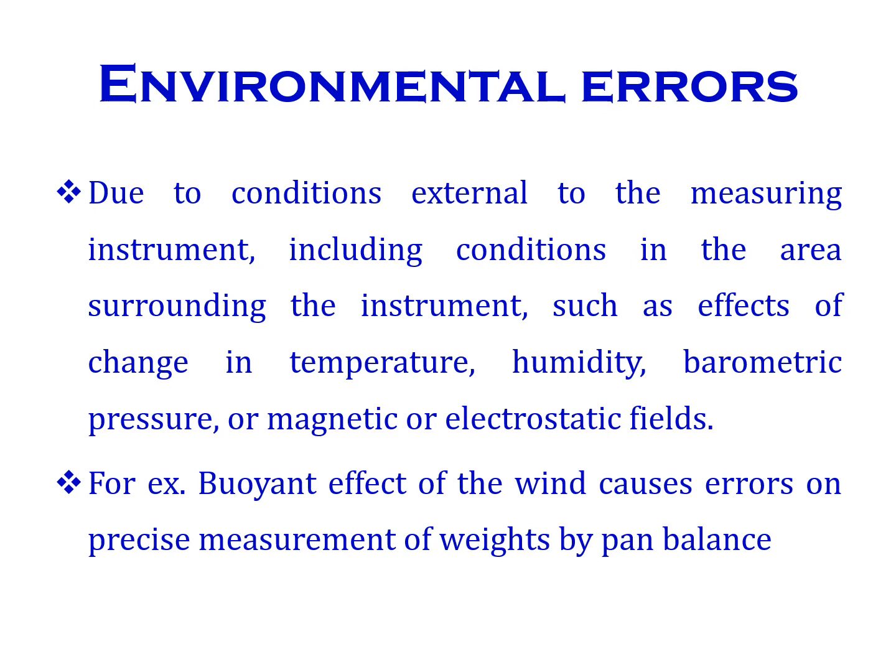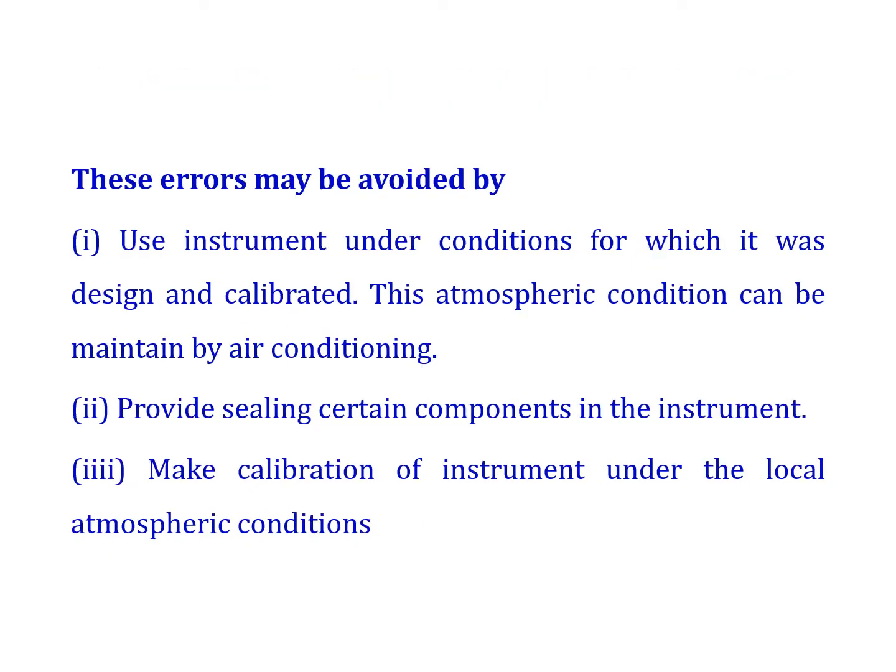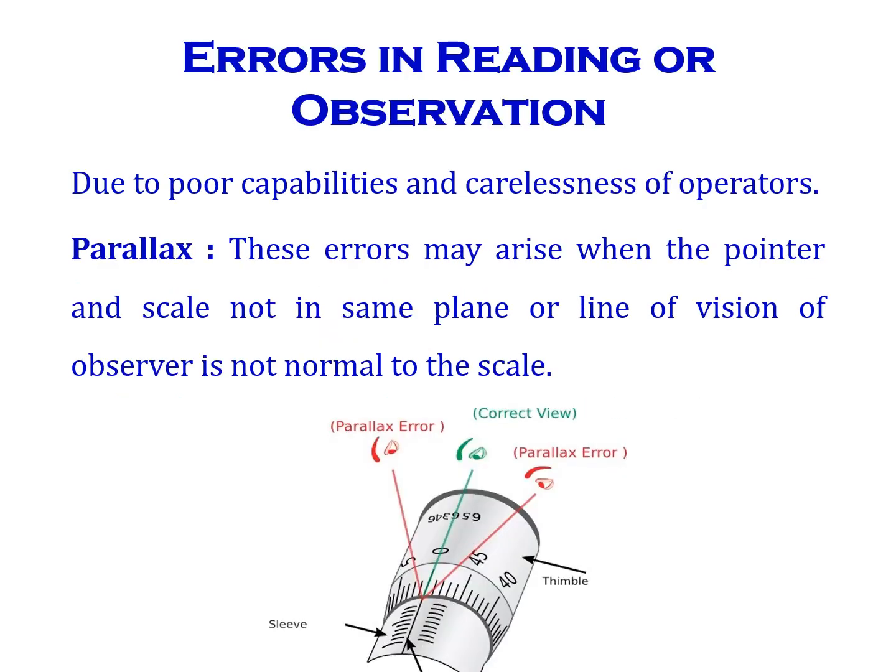Environmental errors may be due to temperature, pressure, humidity, or electrostatic field. The buoyant effect of the wind causes errors in precise measurement of weights by pan balance. These environmental errors may be avoided by using the instrument in an air-conditioned room, sealing certain components in the instrument, and calibrating the instrument under local atmospheric conditions.